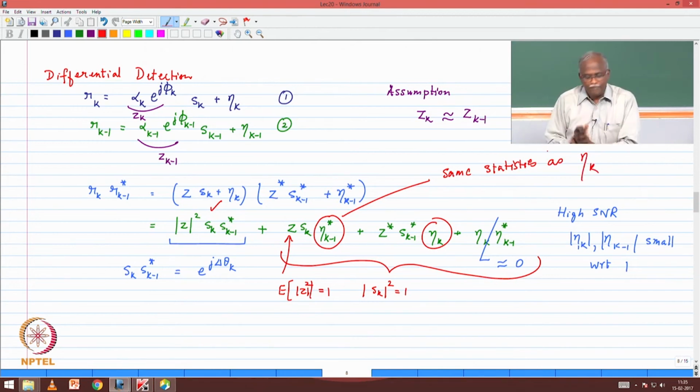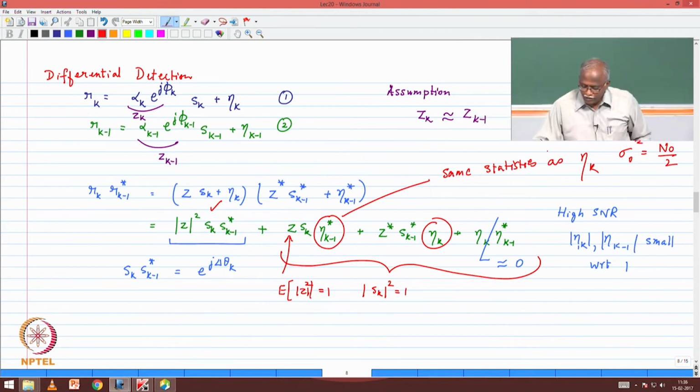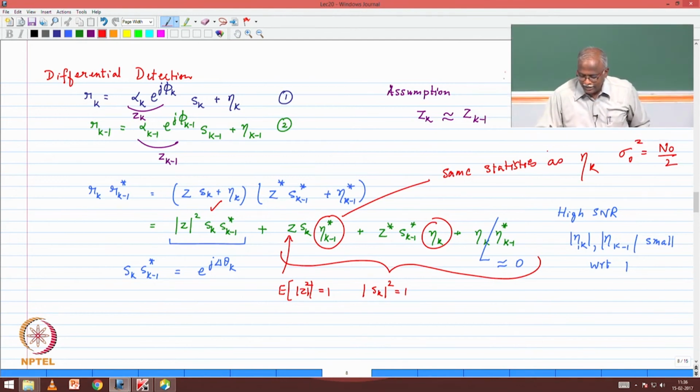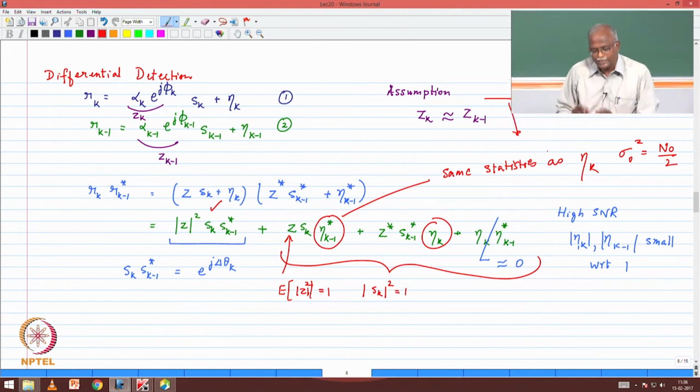It's noise of a certain variance, sigma squared equal to N naught by 2, where N naught is your noise spectral density. So what does this type of operation do? It's called circular rotation. You take some noise sample, conjugation flips it around. Zk and Sk are random quantities which will basically rotate the noise. So if the noise was originally pointing in a particular direction in the IQ plane, this random rotation moves it around somewhere else, and it really does not change the statistics of the noise.